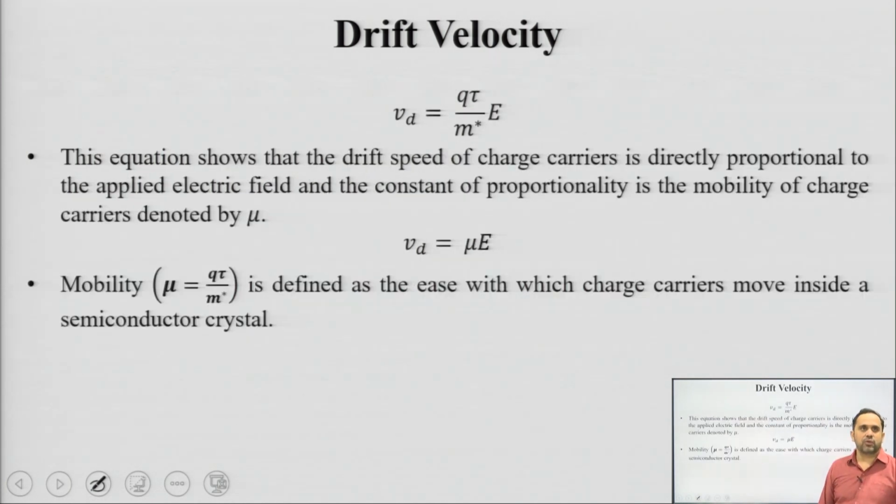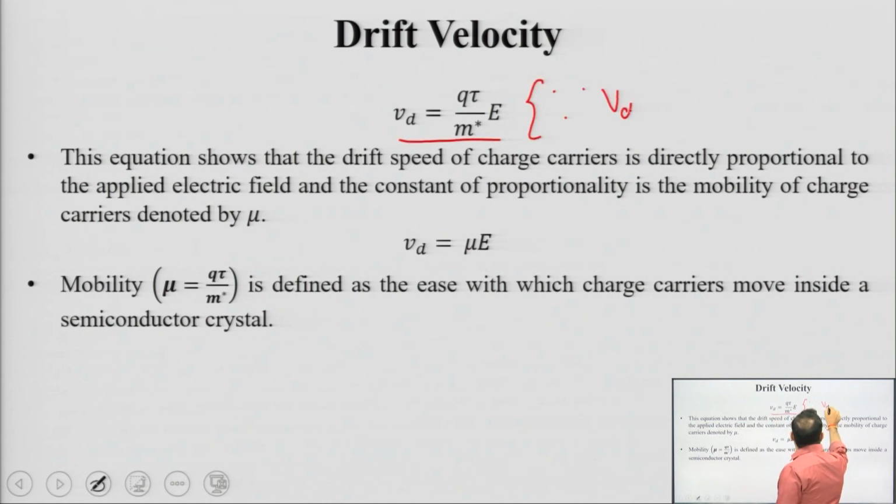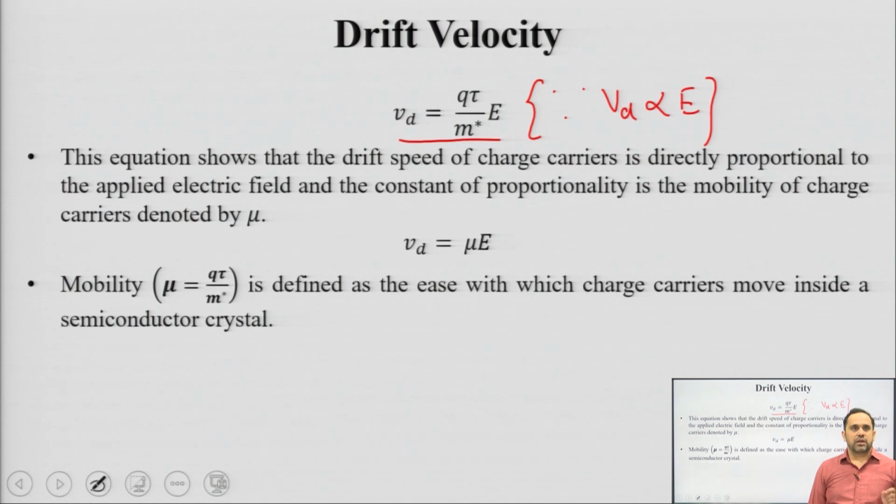Okay. And what is this term? This is equal to mu, or represented by mu, and is known as the mobility of charge carriers. Okay. We have seen in the energy band topic that the effective mass depends upon the energy band structure.